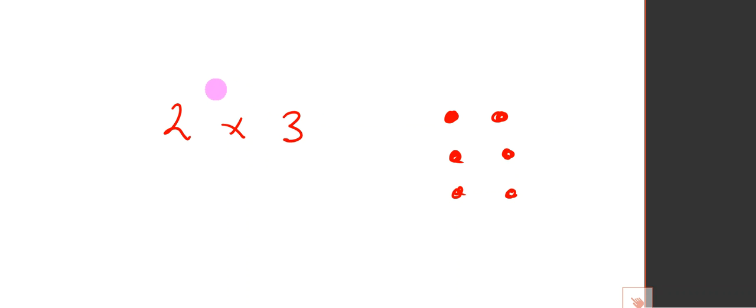So, to explain 2 times 3: multiplying is when you take a number and you add it the amount of times. So what's the easy way of saying that? If I have 3, I've got 2 added to 2 added to 2, yeah? If you remember, guys, that means 2 lots of 3.